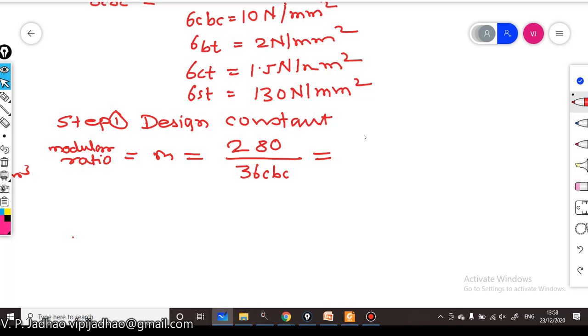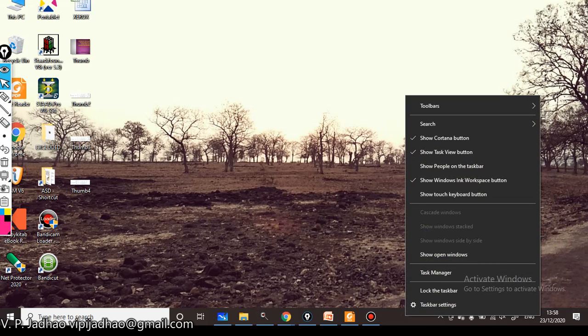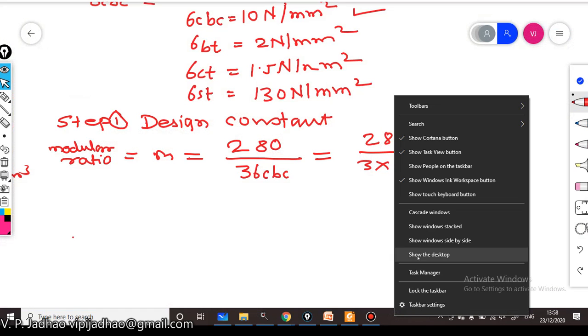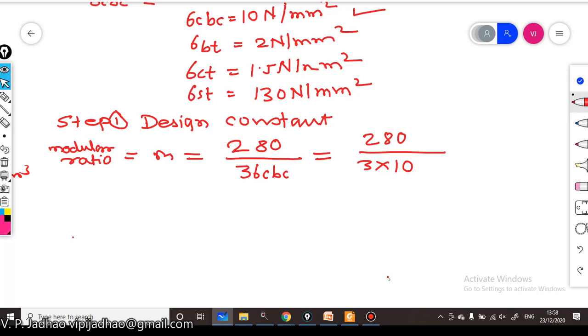So we have 280 divided by 3 times sigma CBC, whose value is 10 Newton per mm square. We'll get modular ratio m equal to 9.33.